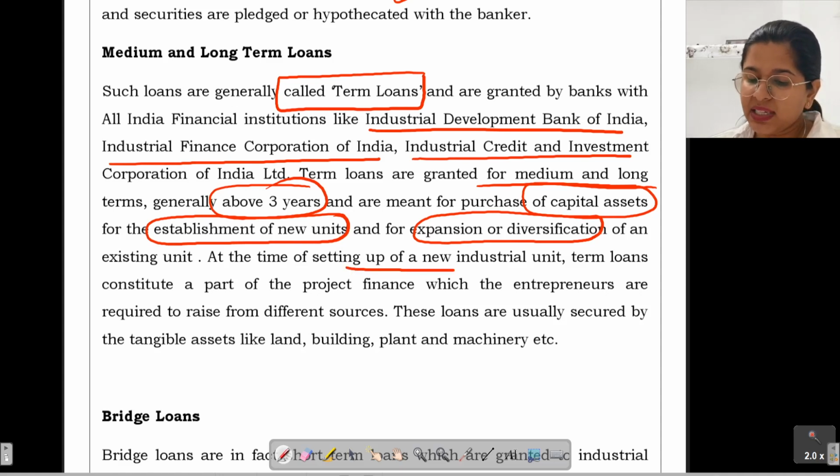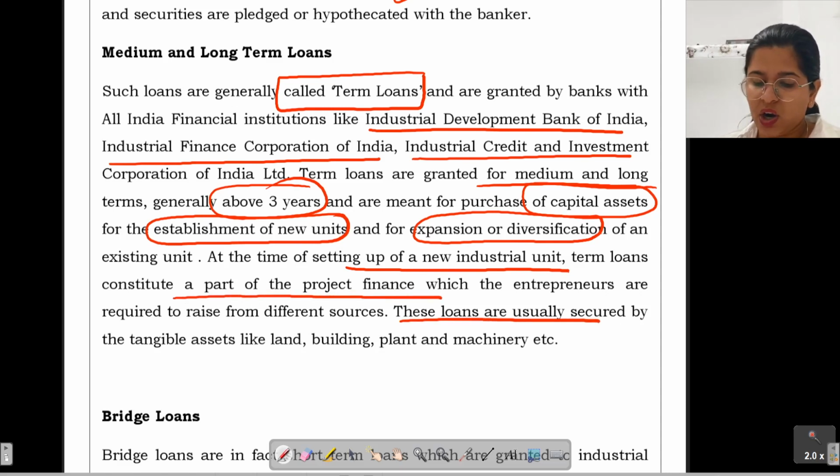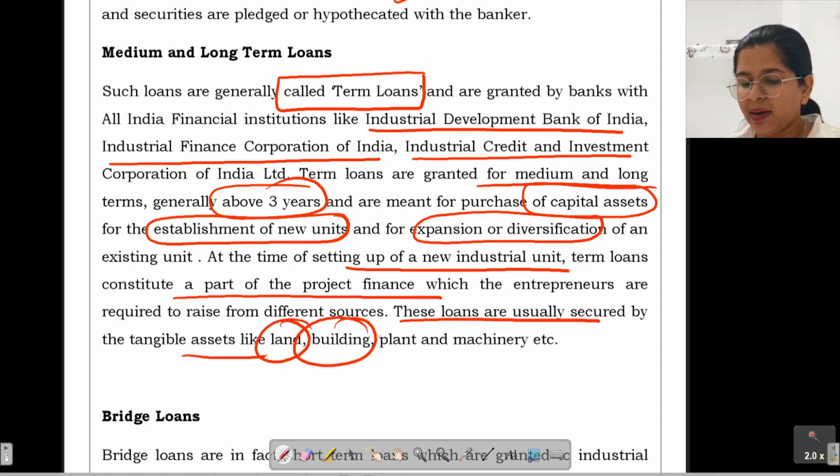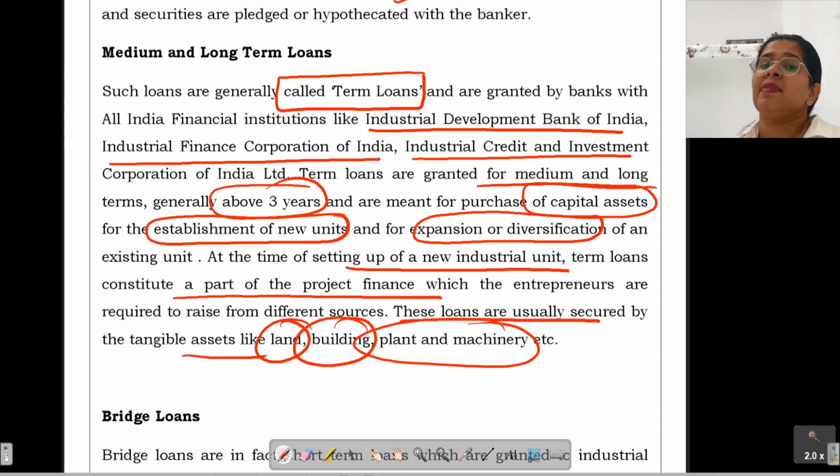Now, at the time of setting up a new industrial unit, the term loans constitute a part of project finance. These loans are usually secured by the tangible assets like land, building, plant and machinery. See, if I give security of inventory for a long-term loan, that is something mismatching, right?